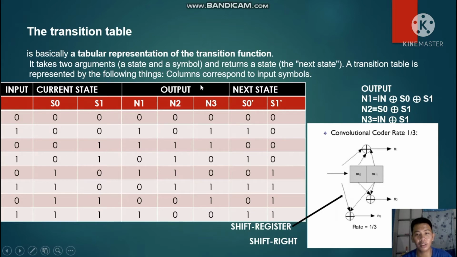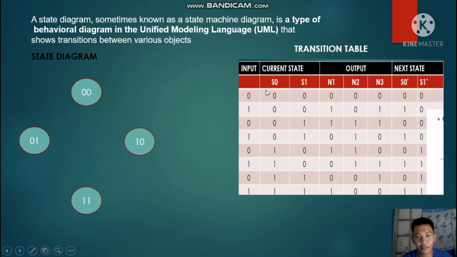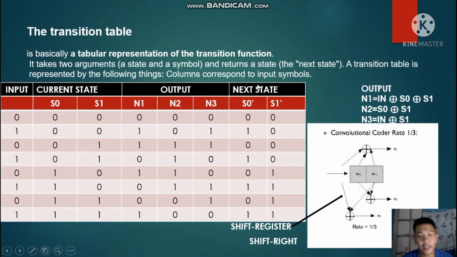Columns correspond to input symbols. So, in short, transition table is used to determine our next state given our current state and our input generated to the system. So, for getting the next state, we have input of 0.